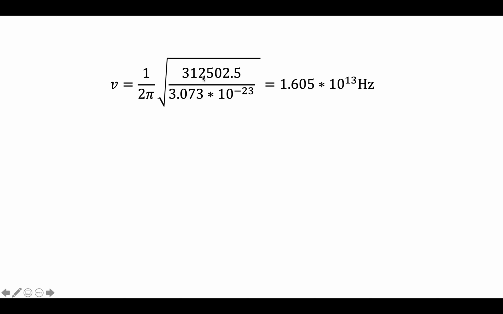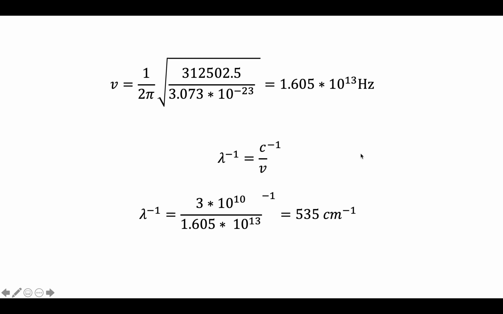So there's k, from part 1. There's our new reduced mass in grams per bond. This gives us a frequency of 1.605 times 10 to the power of 13 hertz. Converting that into the stretching frequency, again using the same equation as before, the same speed of light, that will give us a stretching frequency of 535 centimeters to the minus 1 exactly.